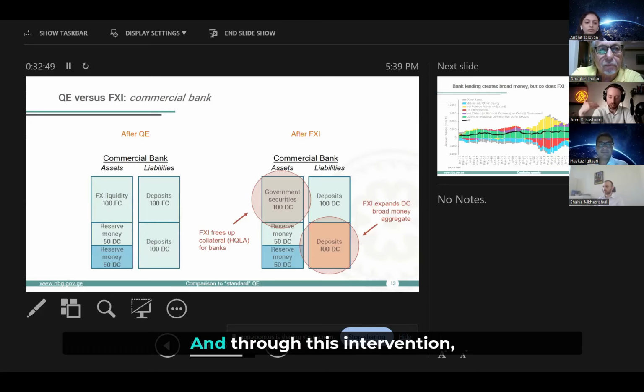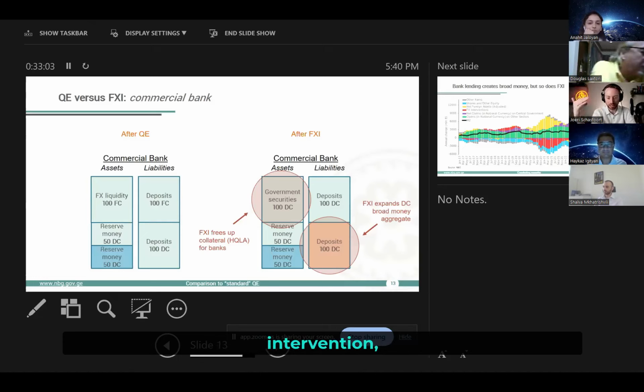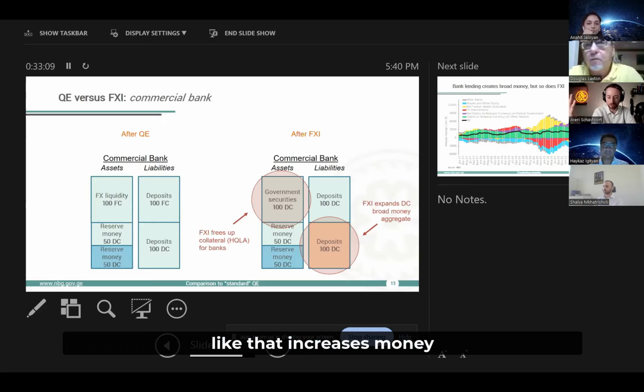Yes. And through this intervention, your citizens now have essentially earned local money. So could you say that what increases the money supply is not necessarily the FX intervention, but actually the exports? In combination that increases money, foreign plus local, but through the intervention it is translated to being local money only. Yeah, that's exactly right.